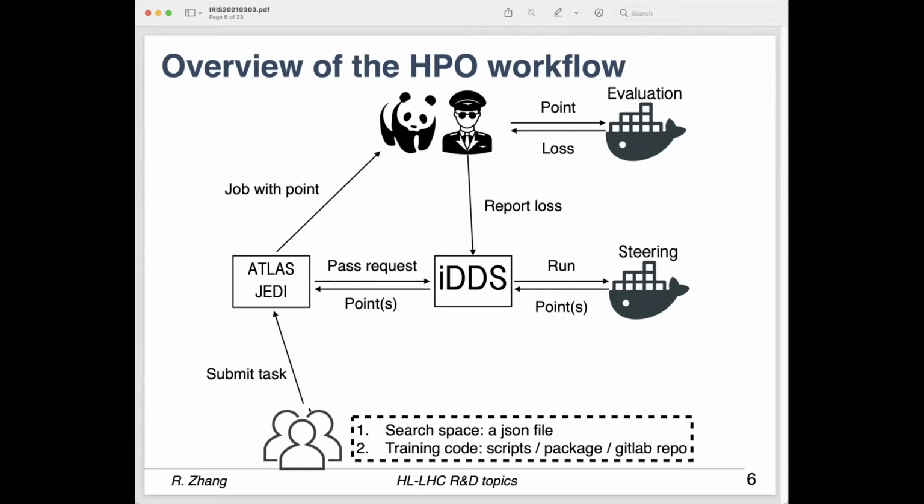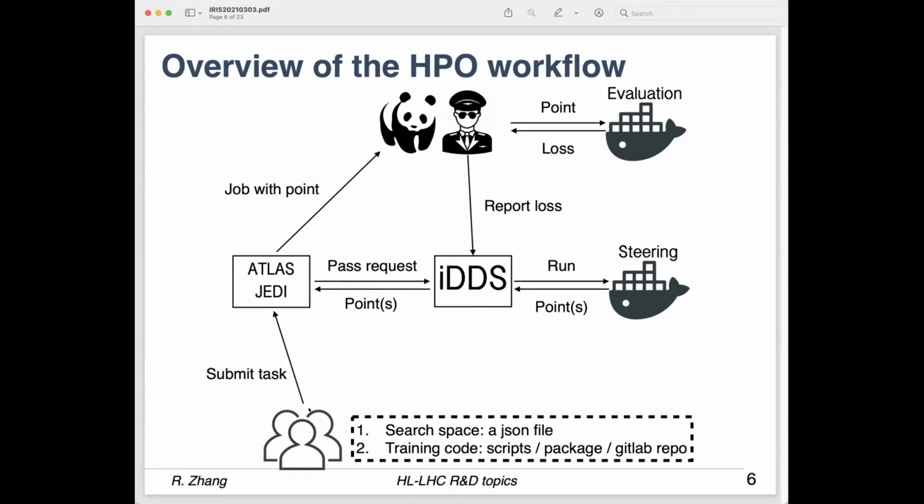So the point will be passed from IDDS to Jedi. So Jedi will take this point and submit a job with this point to Panda. So the Panda will run this job at any site at Atlas.